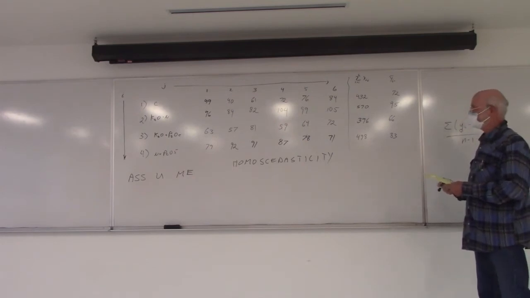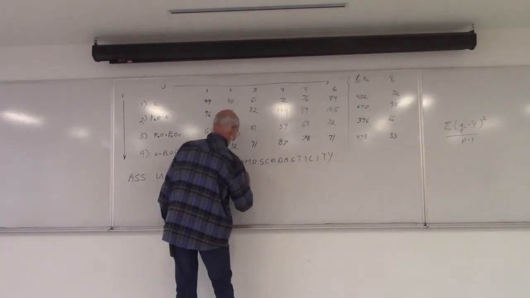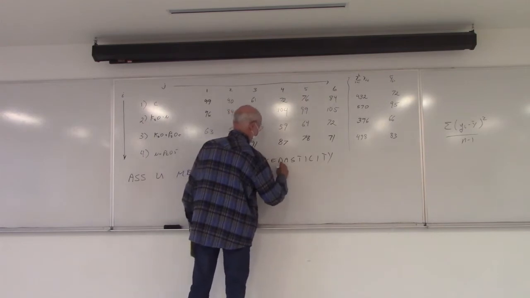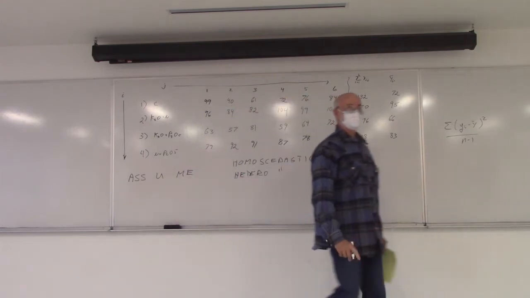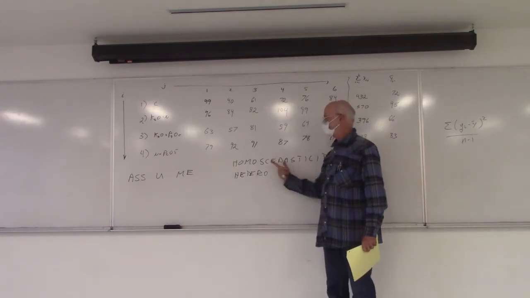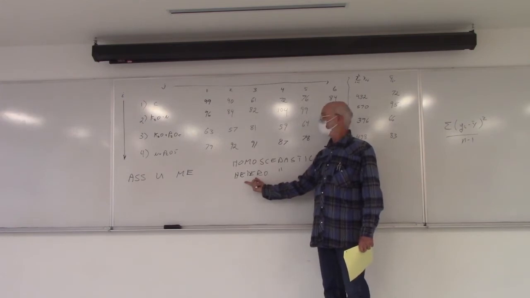All right. As opposed to heteroskedasticity, meaning the variances are different. So here, the variances are the same. Here, the variances are different. Okay? Well, you can determine that with your box plots.